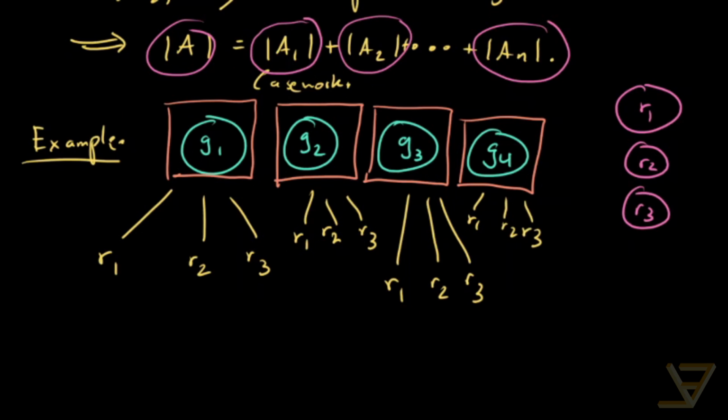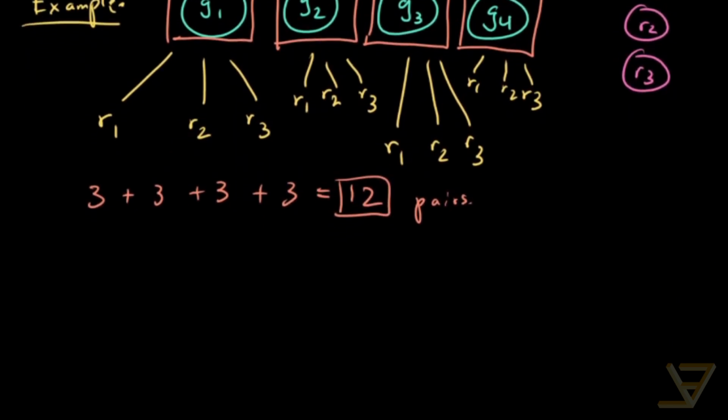So when we put it all together, we find that there are 3 plus 3 plus 3 plus 3 equals 12 possibilities. Or let's call them pairs. And that's the count. So we've used casework there.